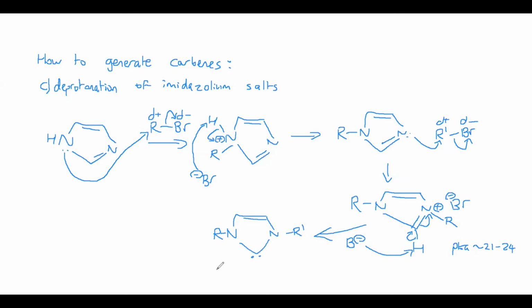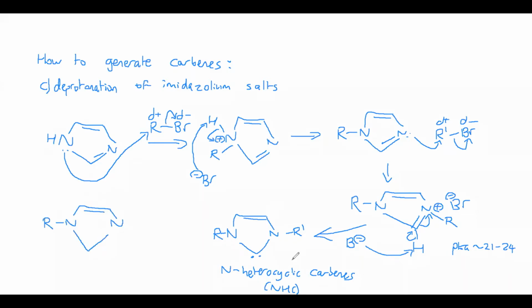So these carbenes are a very special type of carbenes known as N-heterocyclic carbenes, or NHCs. And unlike the carbenes we've come across so far, these carbenes are actually stable enough to store in a reaction flask.